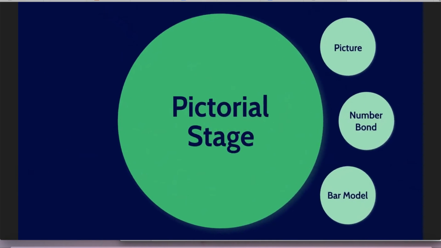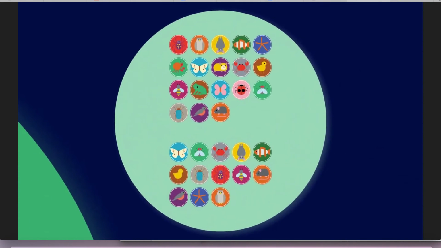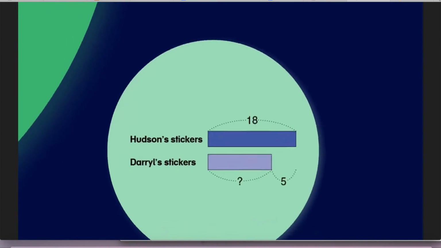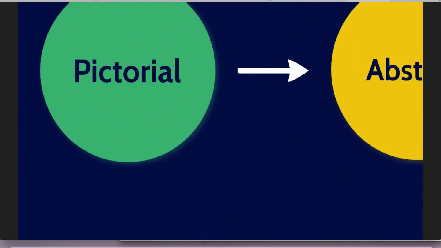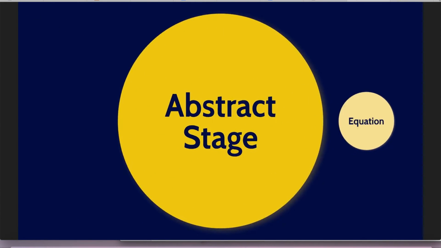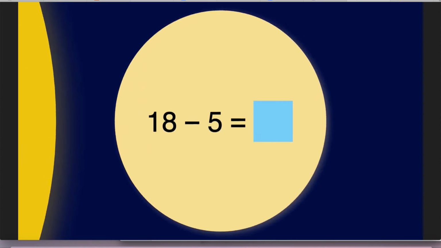In the pictorial stage, students make a mental connection between the objects they just handled and visual representations of those objects. Moving from the real stickers of the concrete stage, they are now using drawings of stickers in the pictorial stage. Visual representations can also include number bonds and bar models. In the abstract stage, students make the leap to using numbers and math symbols to model problems.